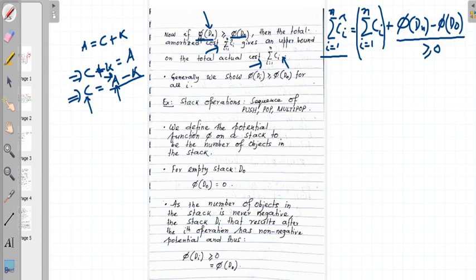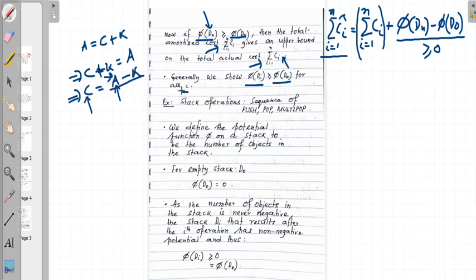What we generally do is not show directly that phi of d_n, the last data structure, is greater than or equal to phi of d_0. Instead, we generally show that phi of d_i is greater than or equal to phi of d_0 for all i.